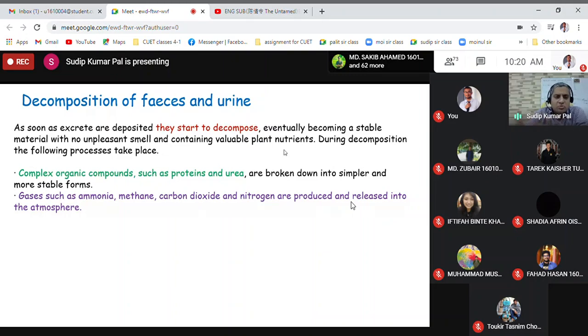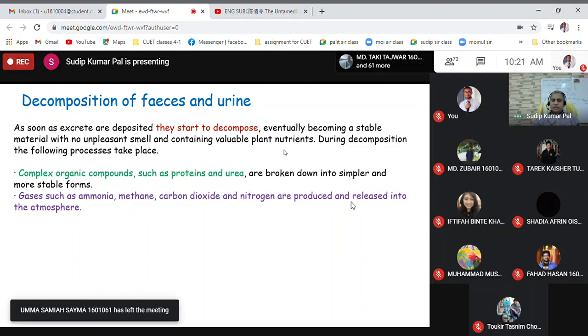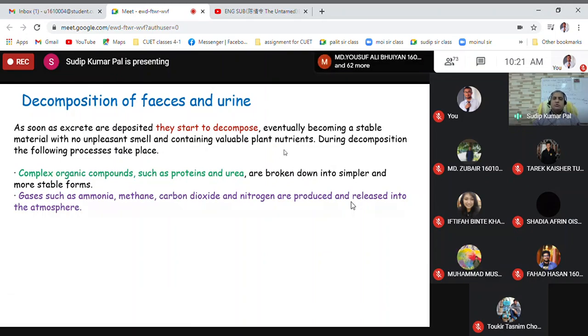During this decomposition, some gases are produced, such as ammonia, methane, carbon dioxide, and nitrogen. If you are not capturing those, they go back to the atmosphere. Nowadays, in the developed countries, they realized that a lot of nitrogen, methane and carbon is being produced from the decomposition of feces and urine, and if we can capture those, that is really an asset for many other purposes.